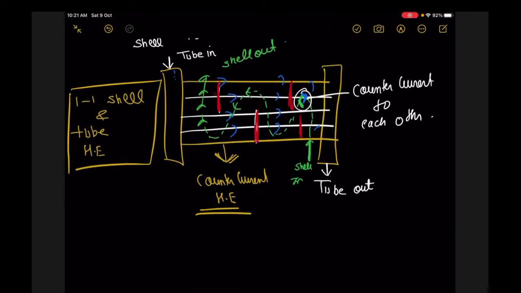And we have seen that counter current is better than co-current. Okay, so that is why shell and tube exchangers are good. That is, this is a single pass. Okay, this is a single pass.